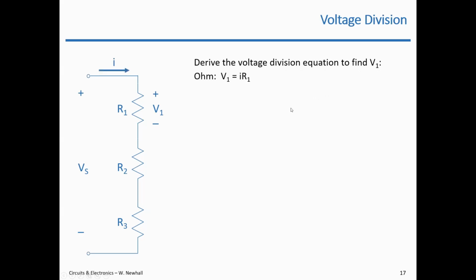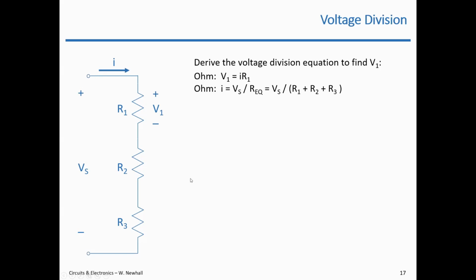So let's use Ohm's law and define a current into this series set of resistors. And so V1 equals I1 times R1, right? That's Ohm's law for this resistor. But you could also say, I could calculate the equivalent resistance of these series resistors and then apply Vs to that equivalent resistance to figure out I.